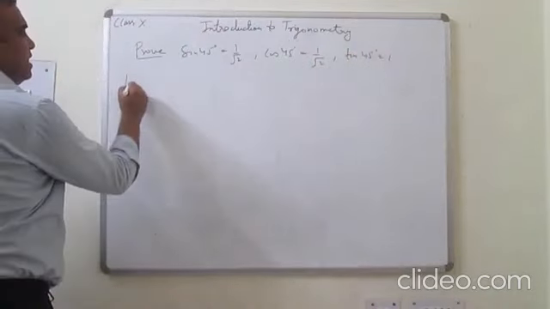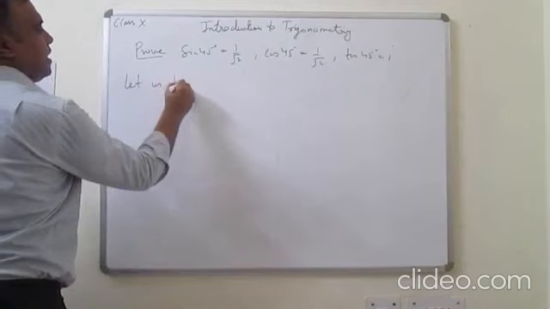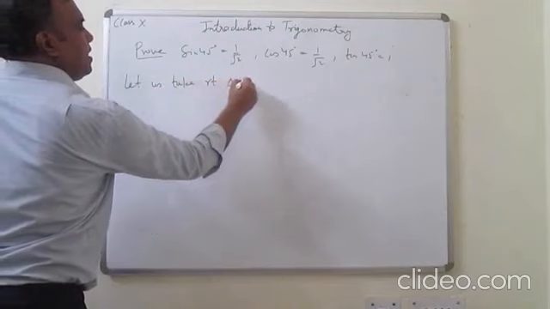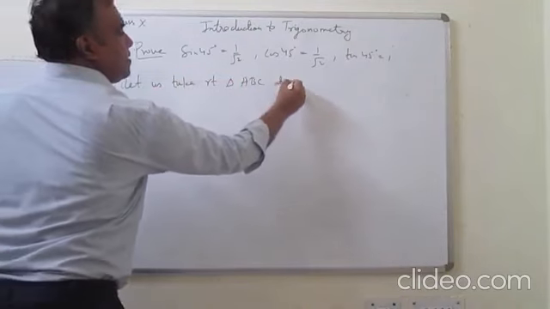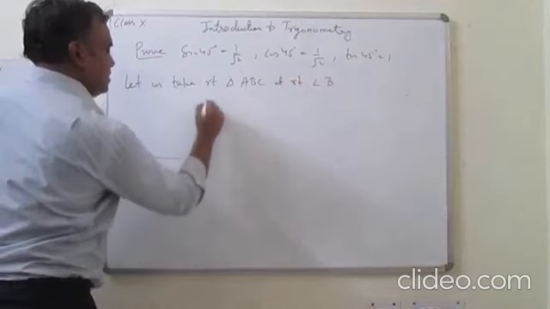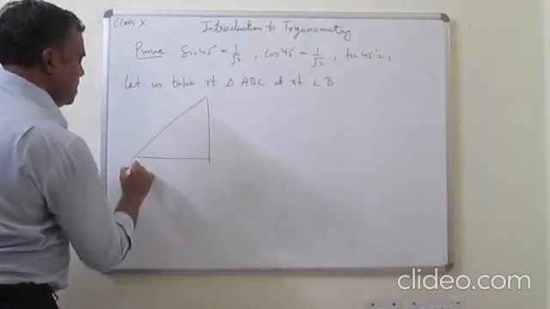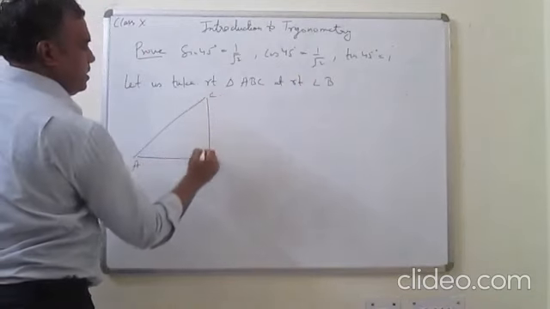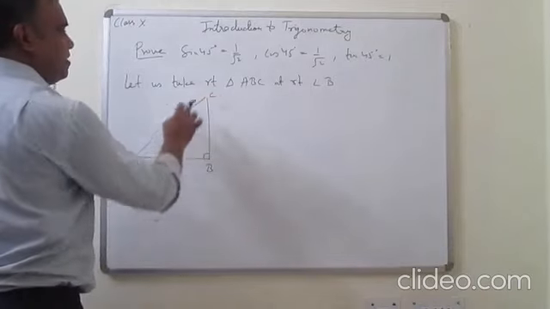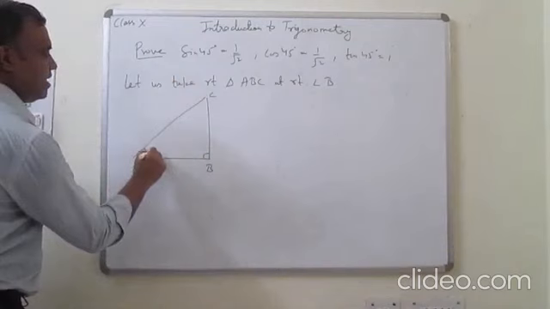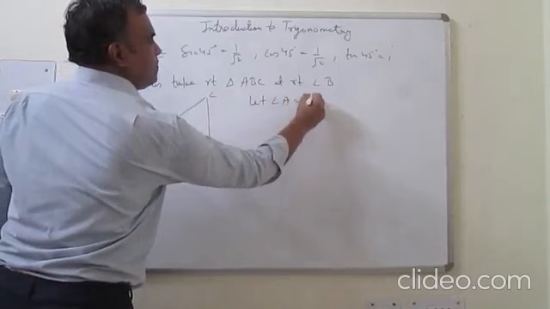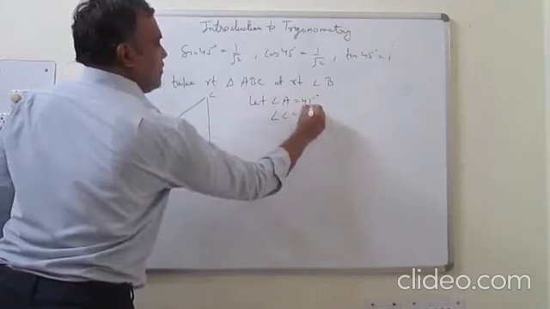Now for this, let us take a right triangle ABC, right angle at B. Now I will take 45 and this is 90. Let angle A be 45, then angle C is also 45.